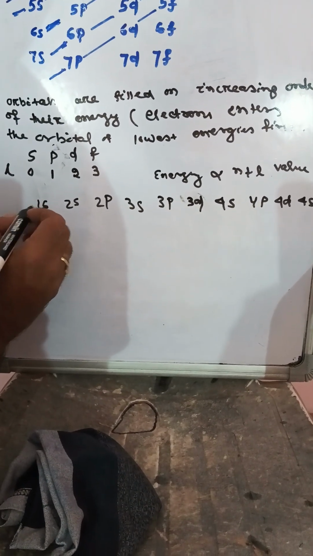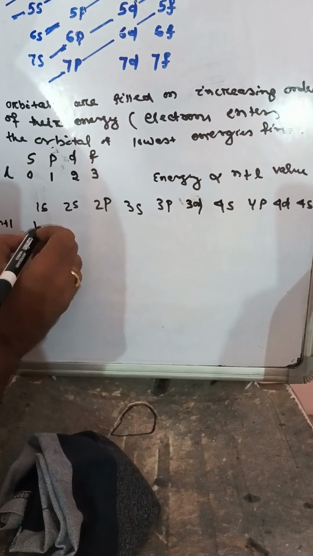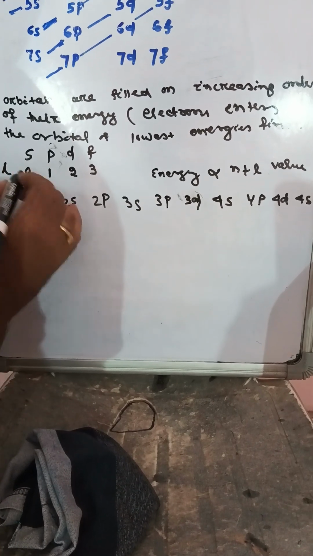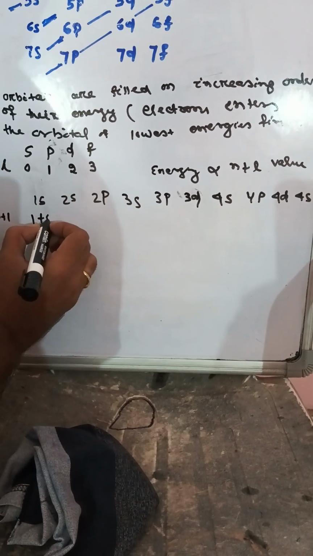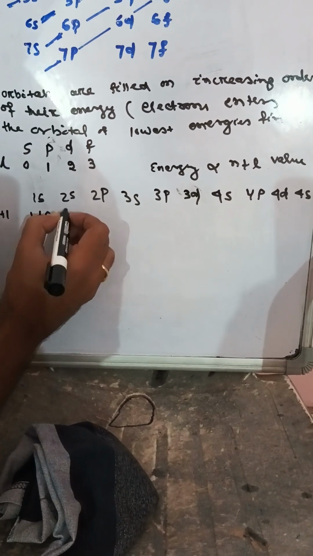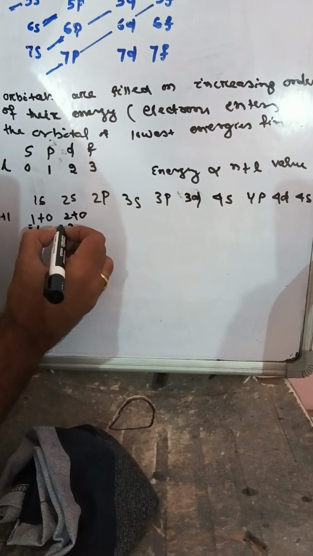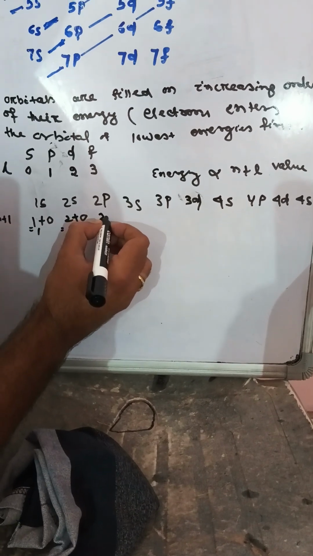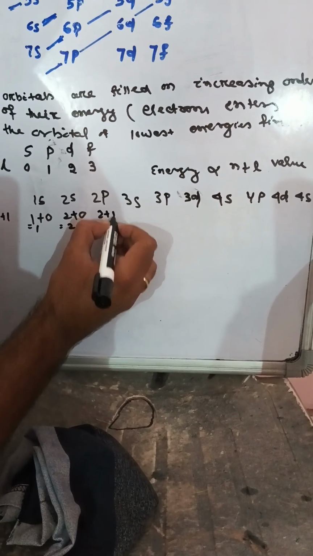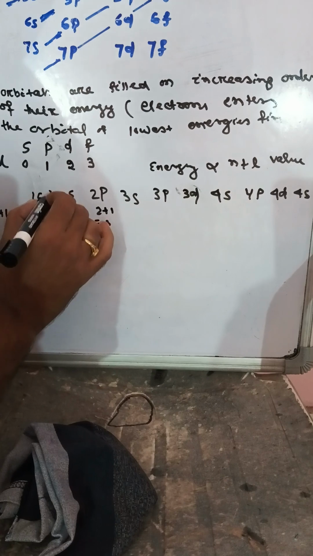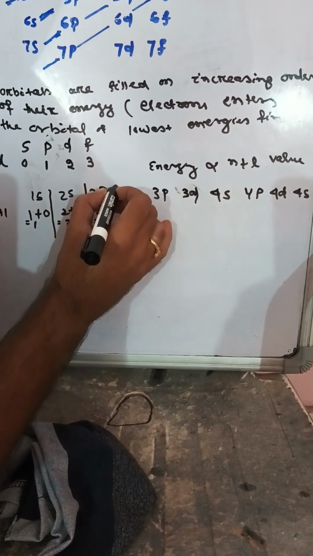For 1s, n is 1 and l for s is 0, so that is 1. 2s is 2 plus 0, that is 2. 2p is 2 plus 1, that is 3. Okay, you can write this.